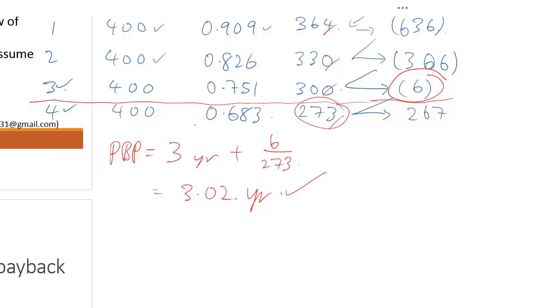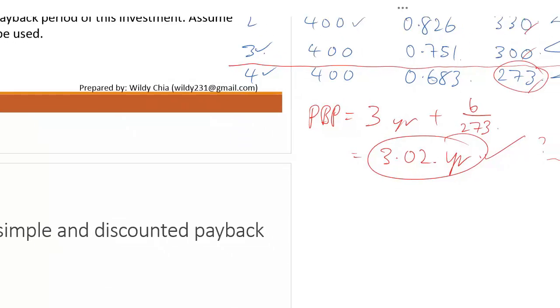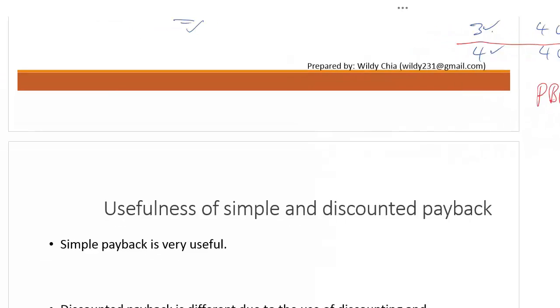Is that a good payback or not? Now the answer again is that you can't tell, because you need to have some comparative number to assess whether 3 years is a good payback or not. Generally short paybacks are good, but we can't tell whether it's a short payback unless you have something to compare against.